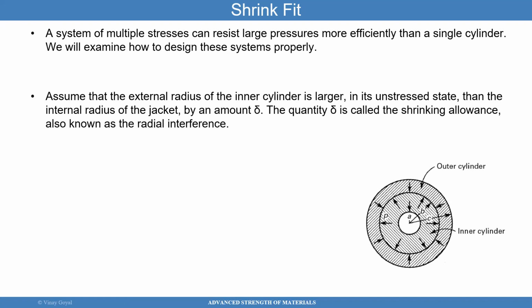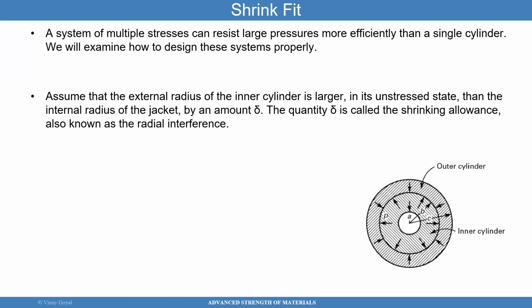But the external radius of the inner cylinder is going to be larger than the internal radius of the outer cylinder. So you have to fit it in there to create a tight fit. The amount by which the inner cylinder is greater than the outer cylinder is an amount delta. The quantity delta is called the shrinking allowance, also known as a radial interference.